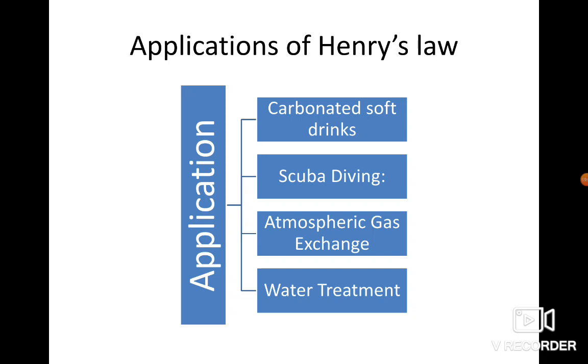Carbon dioxide makes a complex with hemoglobin, called carboxyhemoglobin, and oxygen makes a complex with hemoglobin, known as oxyhemoglobin. It dissociates, carbon dioxide is released and oxygen is dissolved into the blood. So this is also an example of Henry law.